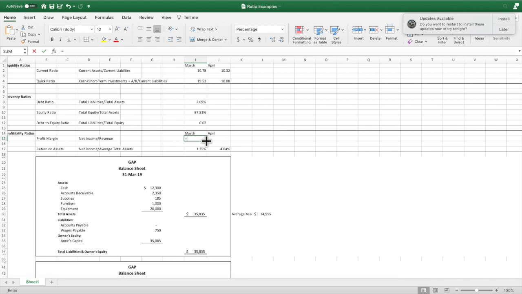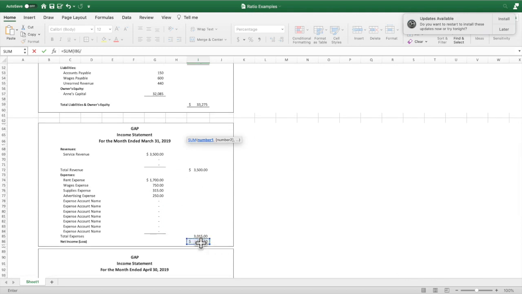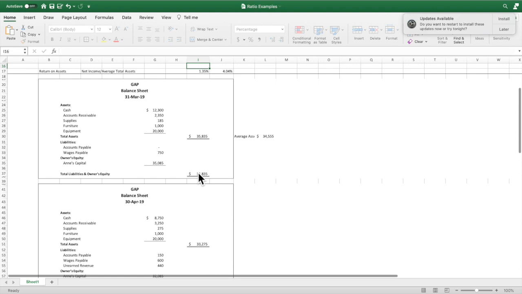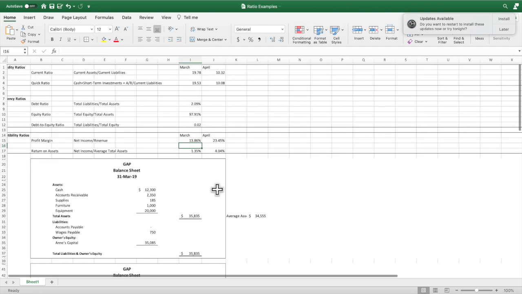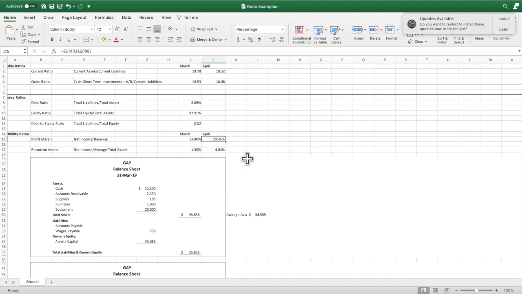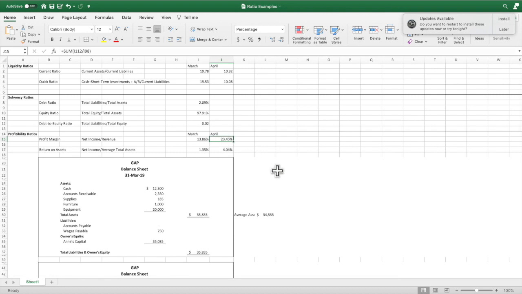So we're going to do equals sum of net income divided by total revenue, which equals 13.86%. So it's not a super high profit margin, but they are making money, right? They're just starting off, and they are making money, so it's beneficial, especially with a company that's starting off.